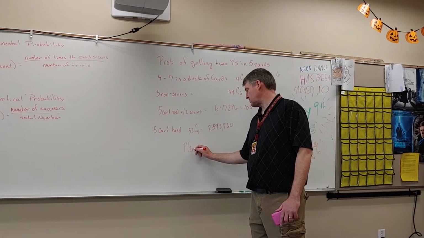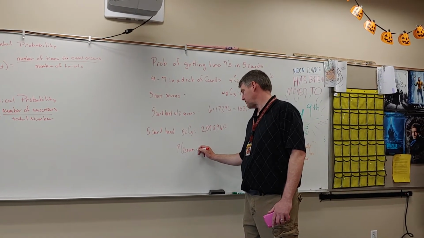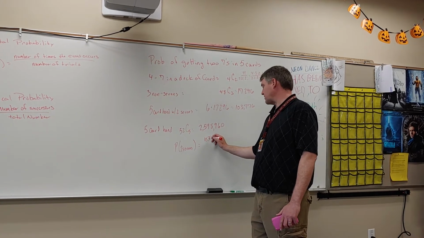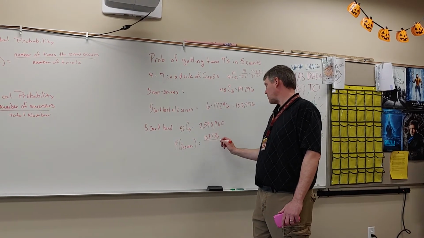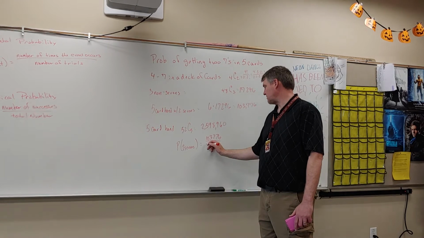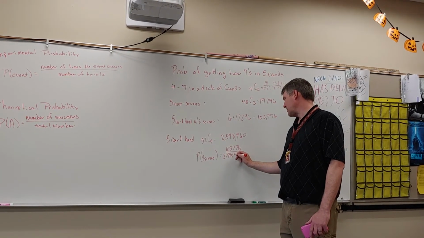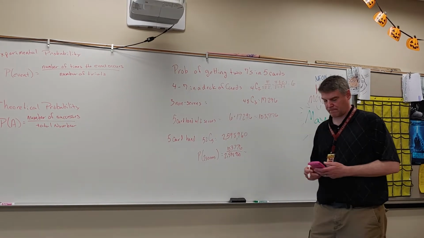Now to find my probability, 2 7s. I'm going to have the ratio 103,776 divided by 2,598,960.